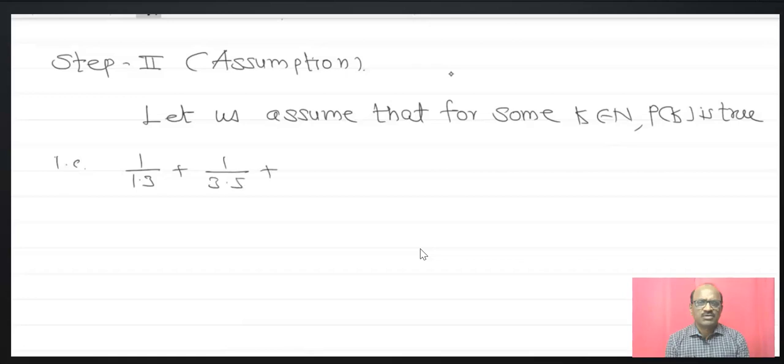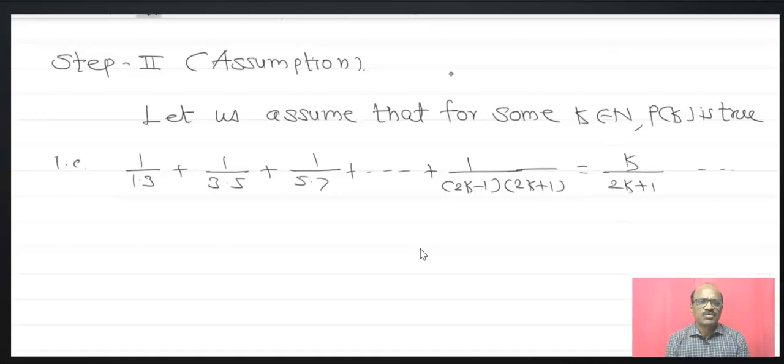That is 1 upon 1.3 plus 1 upon 3.5 plus 1 upon 5.7 plus dash dash plus 1 upon 2k minus 1 into 2k plus 1, that is equal to k upon 2k plus 1. This is 1.